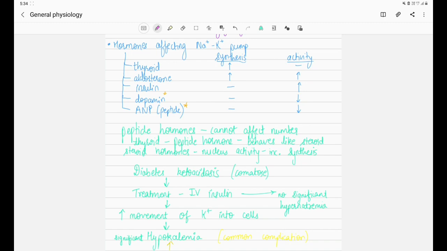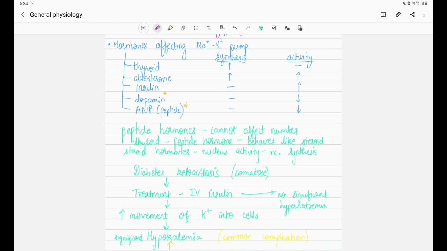Insulin increases the activity and does not affect the synthesis. Dopamine decreases the activity and does not affect the synthesis. And ANP, that is atrial natriuretic peptide, decreases the activity of the Na+ K+ pump and does not affect the synthesis.